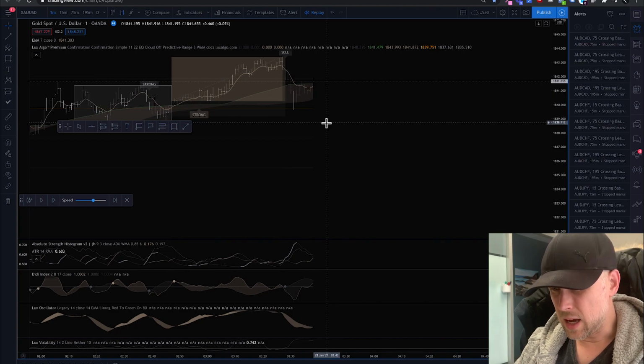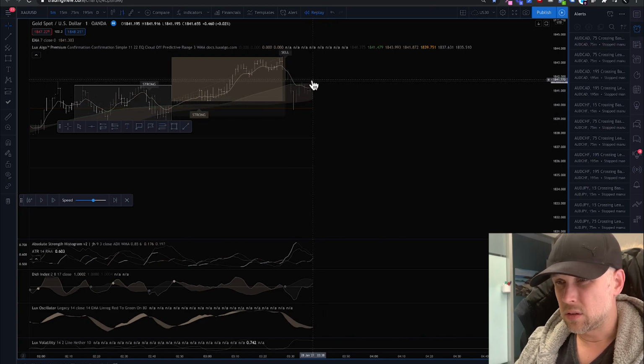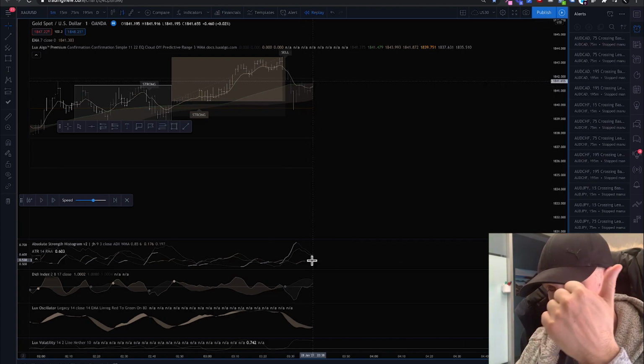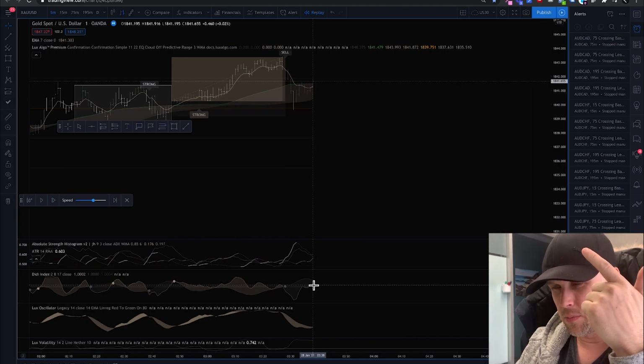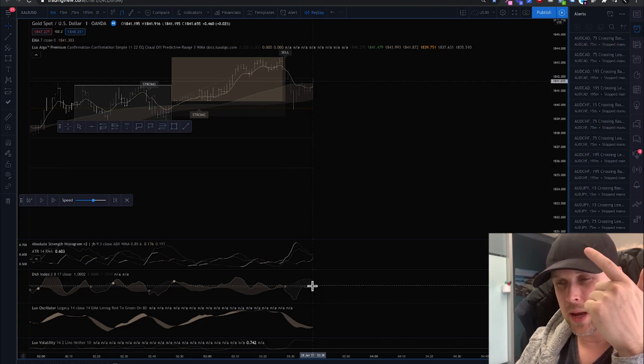Now we're going back up again. This is almost a nice confirmation. Let's just see here. Lux is not in a strong, so that's okay. We do have strength in the bulls, so that's 1. We've got the DD index showing strength in the bulls, loss in the bears, and this bulls line is way up above the center line, so we're good there. And this oscillator is pinched right off.